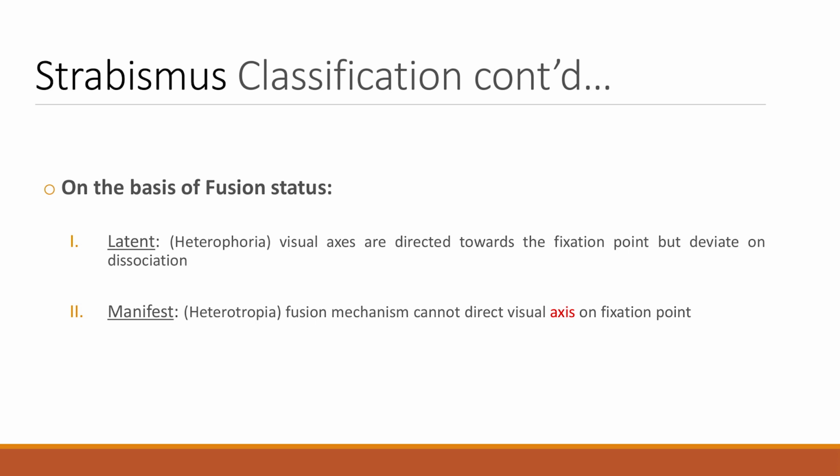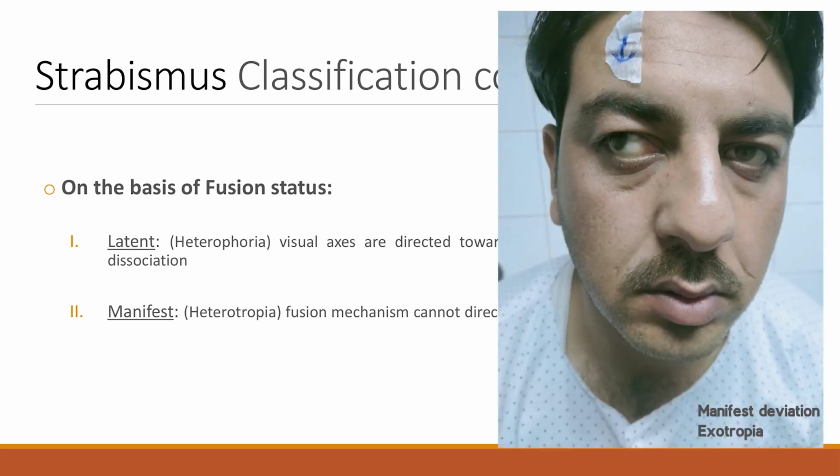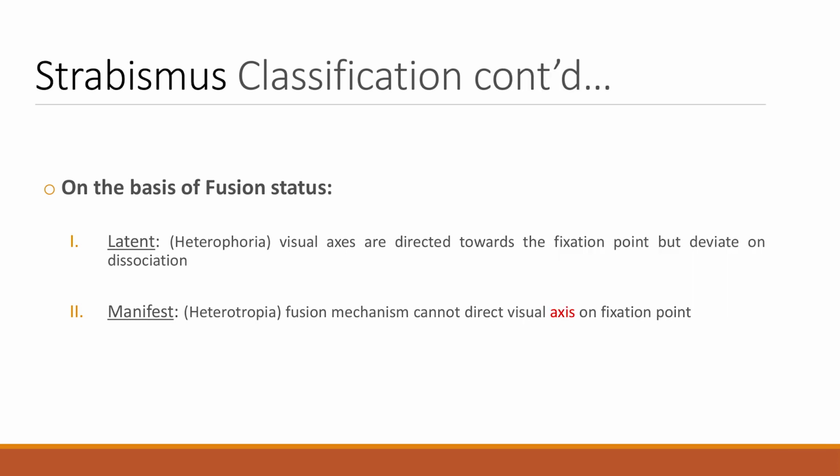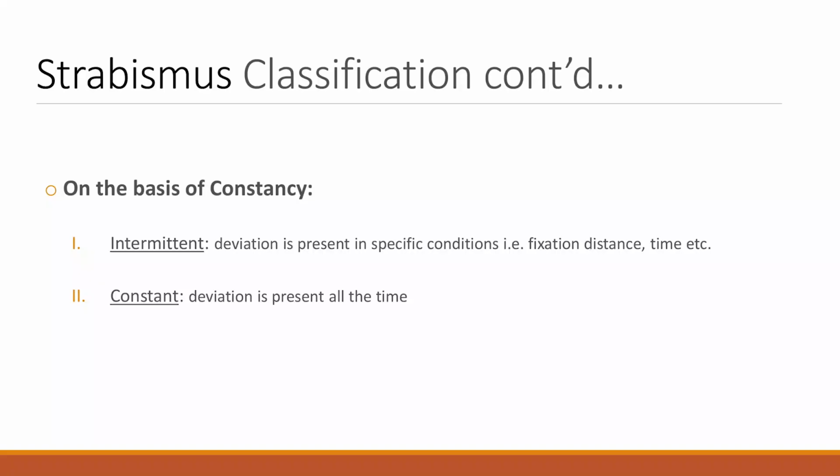Manifest heterotropia is when the fusion mechanism cannot direct the visual axis to the fixation point, so the squint is obvious on examination. That squint is not covered by fusion, so it becomes prominent, and it is called manifest strabismus or manifest squint. On the basis of consistency, it may be intermittent or constant.